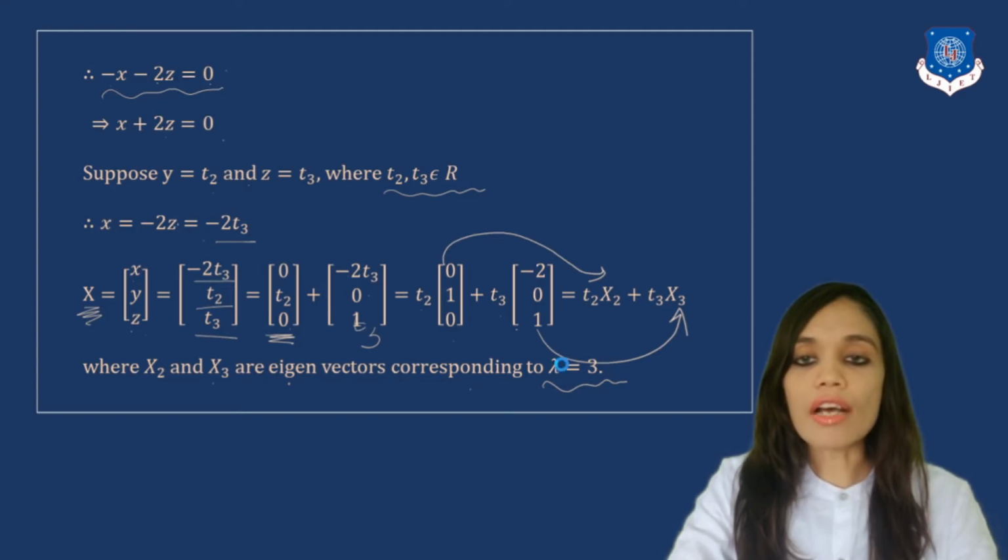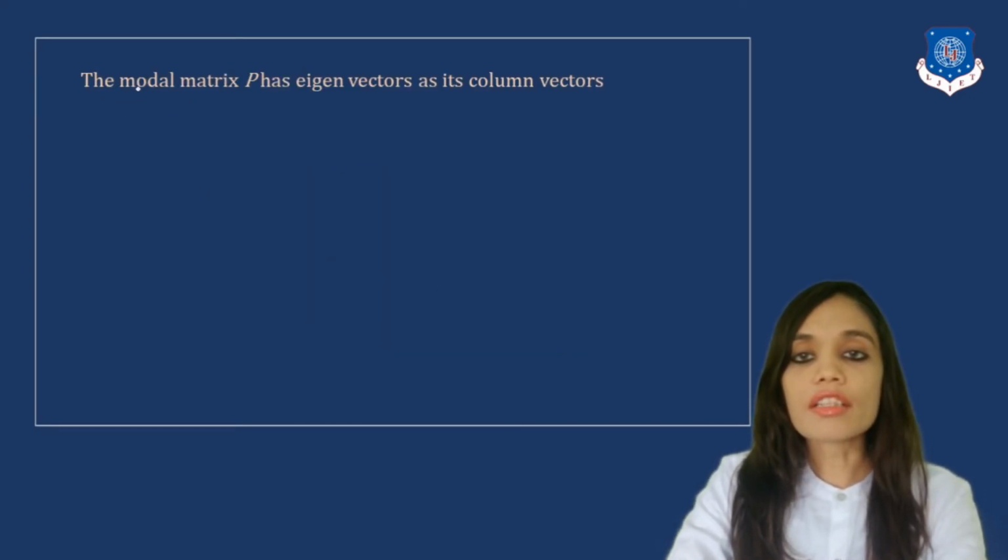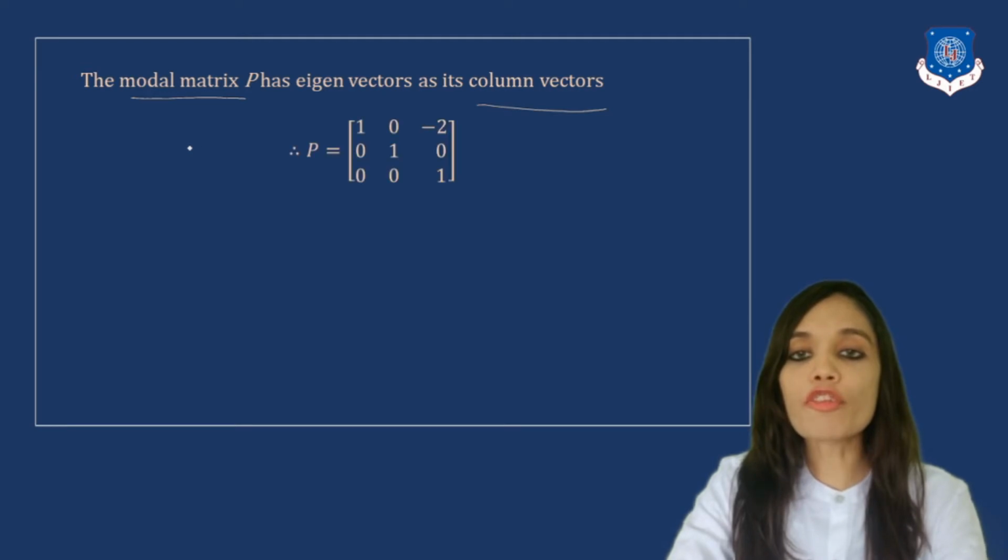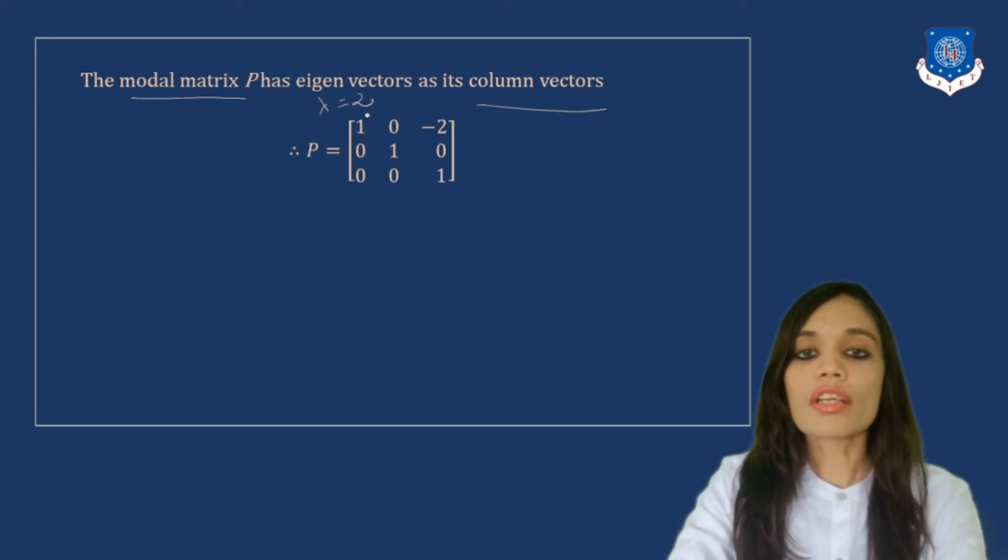Now let us find the modal matrix P that has eigenvectors as its column vectors. Therefore, P will be equal to, first write the eigenvector corresponding to lambda equal to 2, so that is (1, 0, 0).